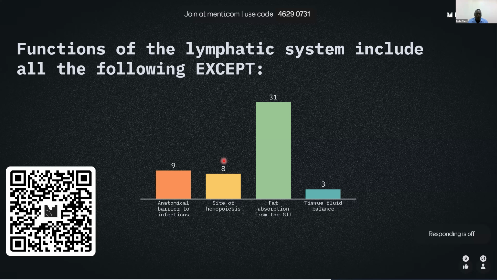So bone marrow is a key component of the lymphatic system, but also, yes, a site of production of white blood cells, actually all blood cells. But other than bone marrow, the spleen and the lymph nodes are also important in hemopoiesis.